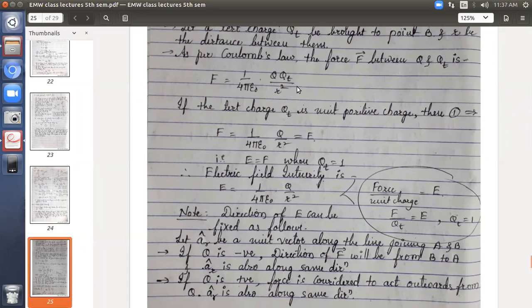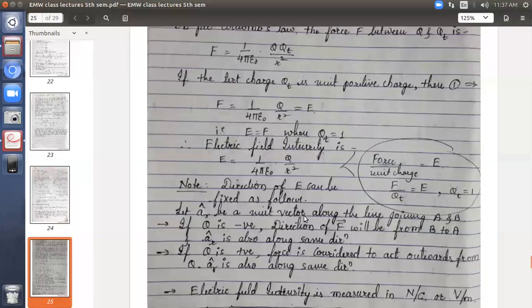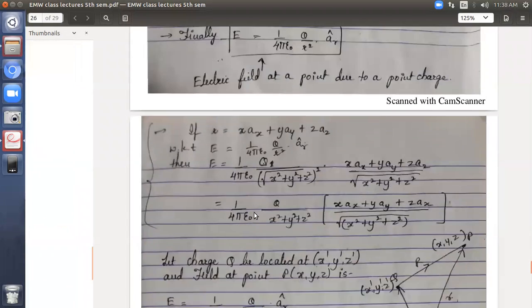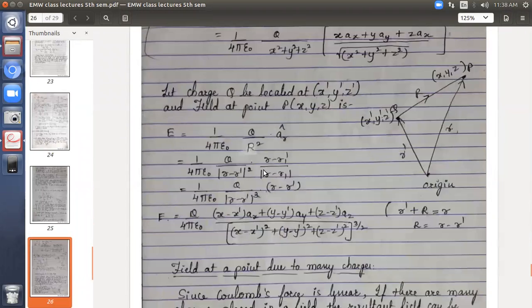So F by Q will give you the electric field intensity. And we have even seen how to find the direction of the unit vector for both positive and negative charges. Then we have come across how to find the electric field intensity in vector form. These vector forms are very important.